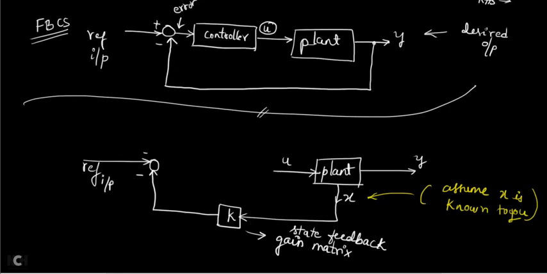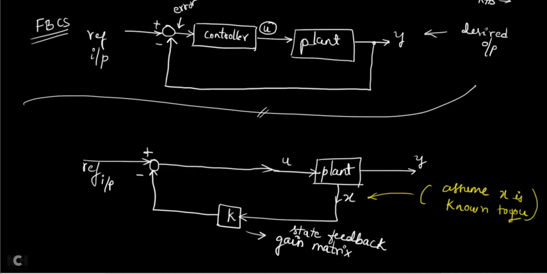After subtracting, that error signal you directly give to the plant instead of giving it to a controller.